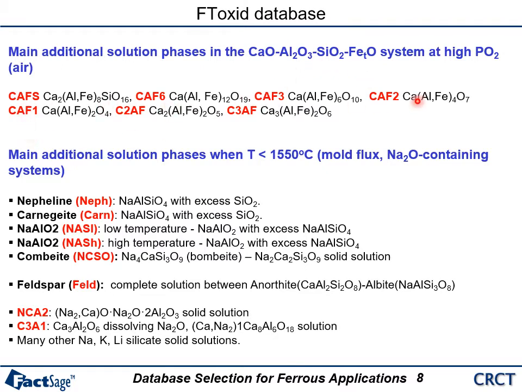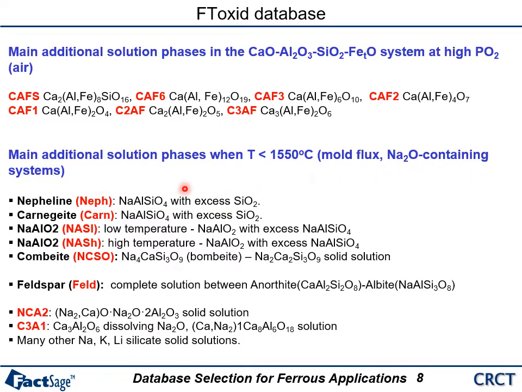All this kind of solid solution is basically a calcium aluminate and Fe2O3 solid solution, which is important for oxidizing conditions, typically in air or in iron ore sintering, not very reducing but more oxidizing conditions.